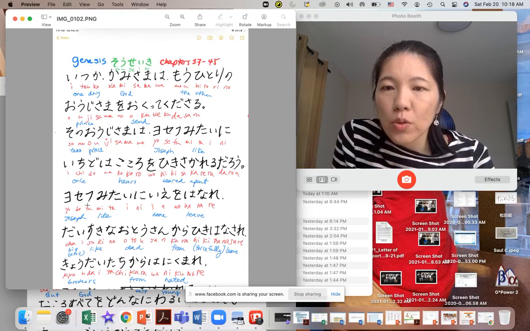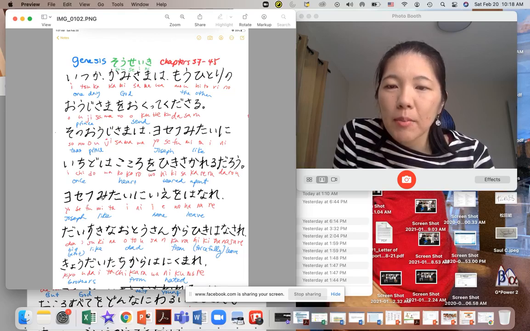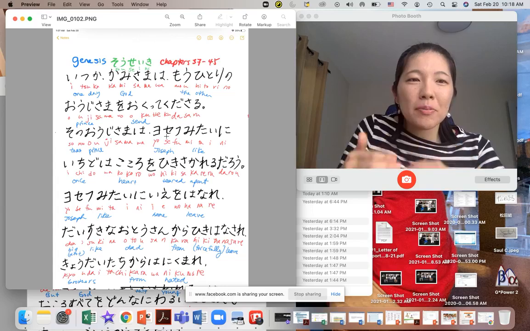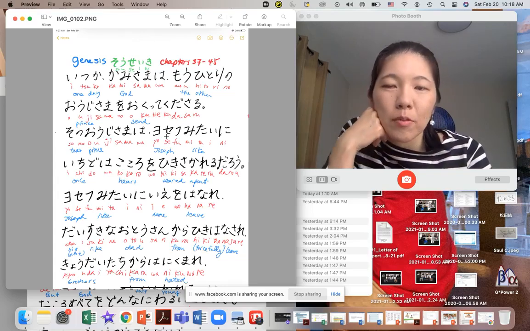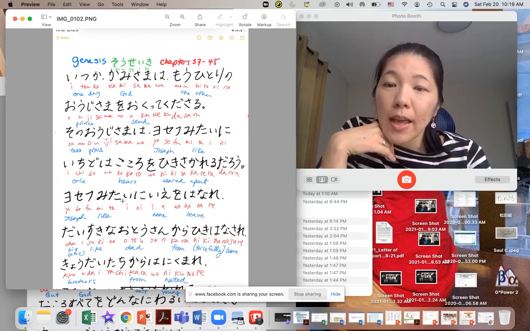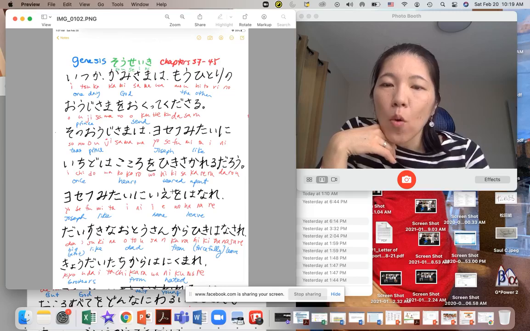Yosef is Joseph, right? That's in the second sentence. Yosef, みたいに, みたい is like, so like Joseph. You see some overlap, so you can see more than once. That would be helpful, right? Yosef みたいに, like Joseph. 家 is home.